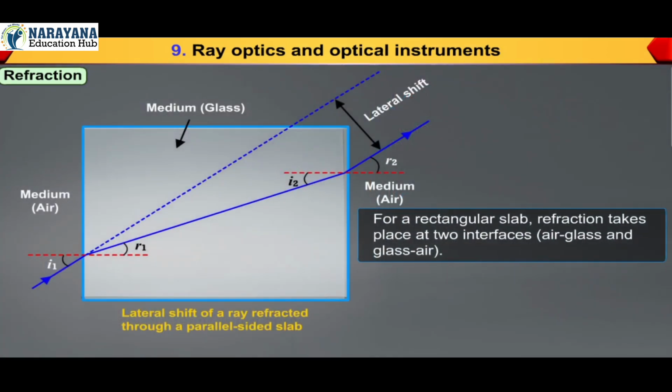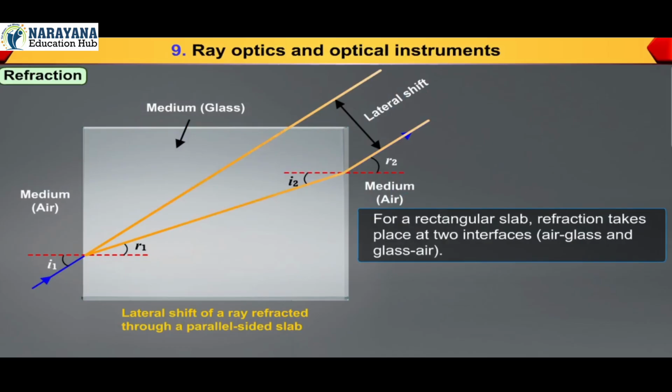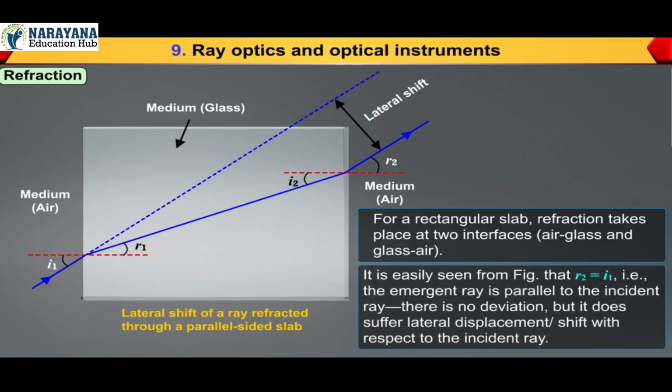For a rectangular slab, refraction takes place at two interfaces, which are air-glass and glass-air. It is easily seen from the figure that r2 = i1, that is, the emergent ray is parallel to the incident ray.